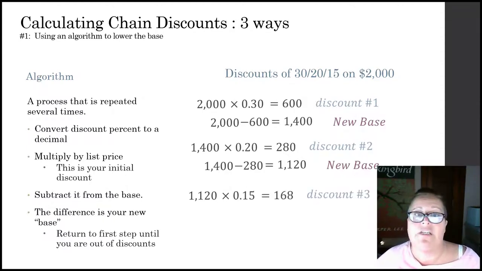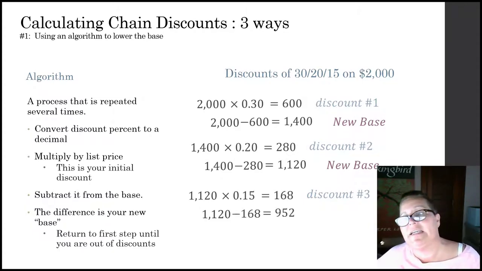This is my third discount amount, and I need to subtract that discounted amount from the 1,120. $1,120 minus the 168 is $952. This is my new base.